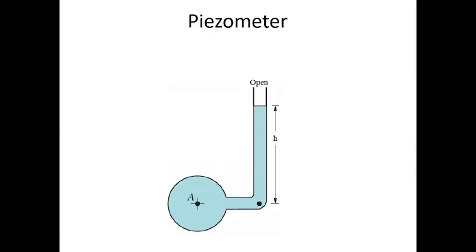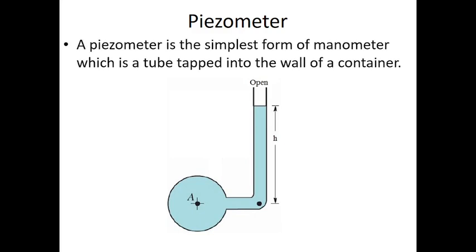Then we have the piezometer. The piezometer is the simplest form of manometer. It is a tube tapped into the wall of a container. So this is our container, and there is a tube tapped to it.